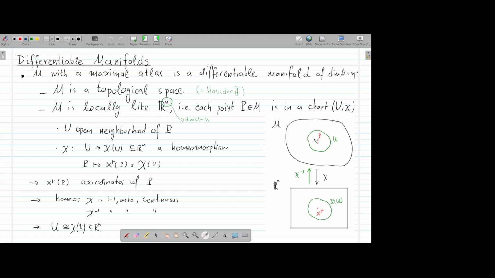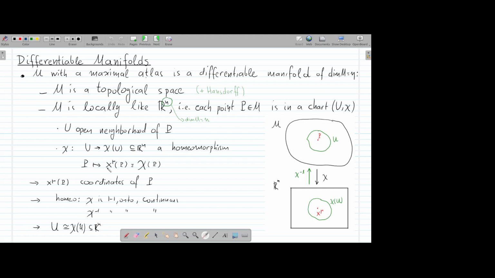So every point P of M is at least in a chart defined by a pair of an open set that contains P, a neighborhood of P, and an invertible map chi, which is a homeomorphism that maps this neighborhood U into its image in Rn, which we call chi U. And this is required to be a homeomorphism.